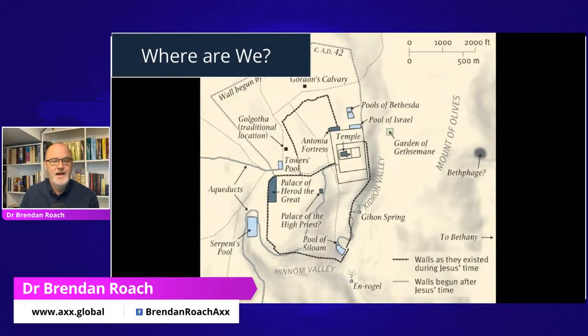Remember last week we were at the Mount of Olives and the Garden of Gethsemane; we follow the valley down and see the Gihon Spring going down the Kidron Valley. It was a hugely important part of the water system, and it still produces a huge amount of water today. That is what kept the water supply of the ancient city of Jerusalem under the time of the City of David viable.